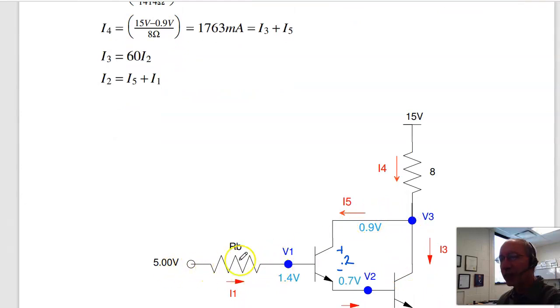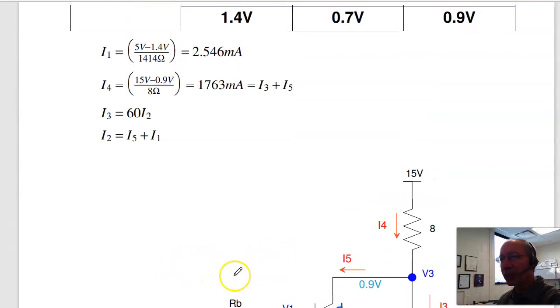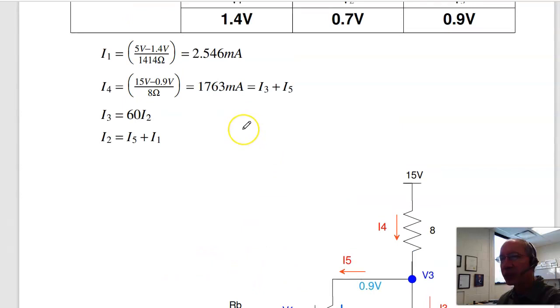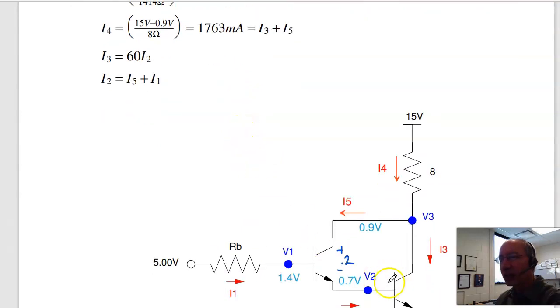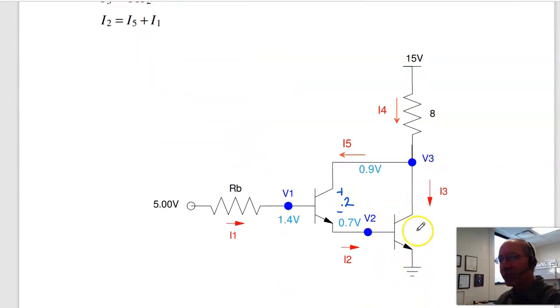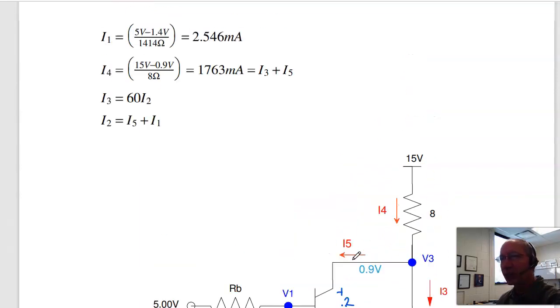I4 splits and becomes I3 plus I5. I can solve for I1. I1 is 5 minus 1.4 over R, 2.56 milliamps. I know that this one's in the active region. VCE is bigger than 0.2, therefore it's active, meaning that I3 is 60 times I2.